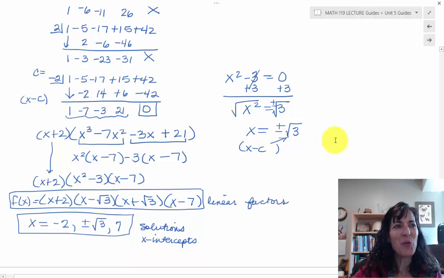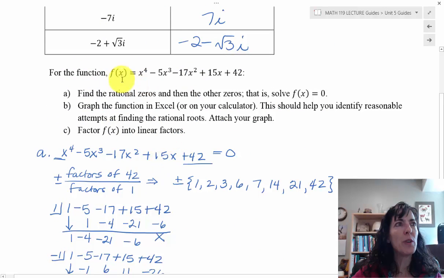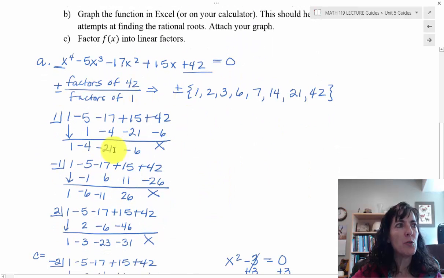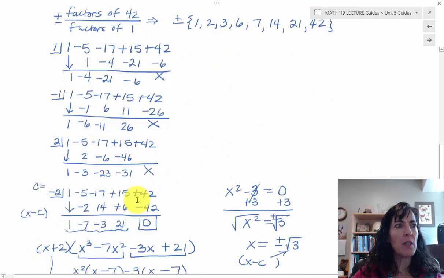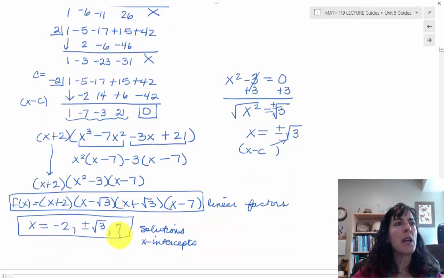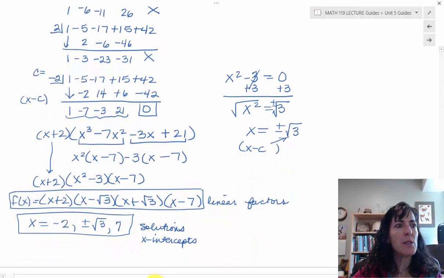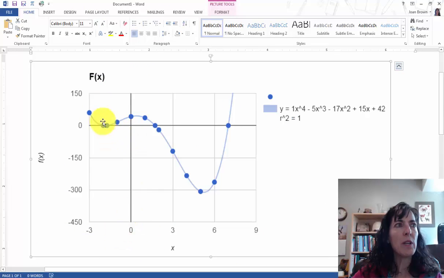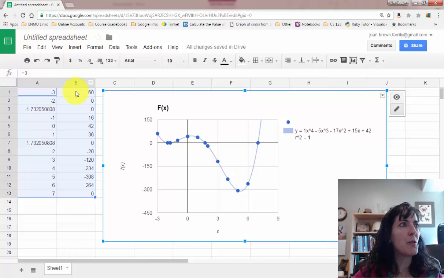Okay, that's it. So we have a polynomial that we were able to factor using synthetic method, and then we solved one little chunk of it to make sure that we had linear factors, and then we could write the solutions. And as well, we went into Google Sheets and created a graph of that function using the actual function itself. So we entered in x values.